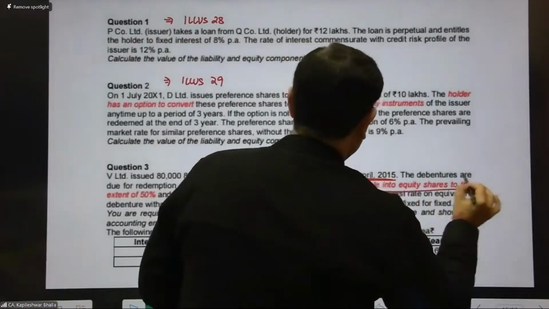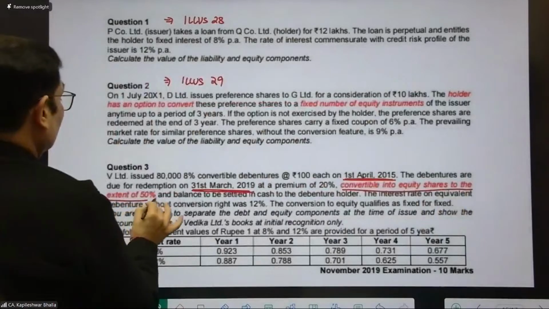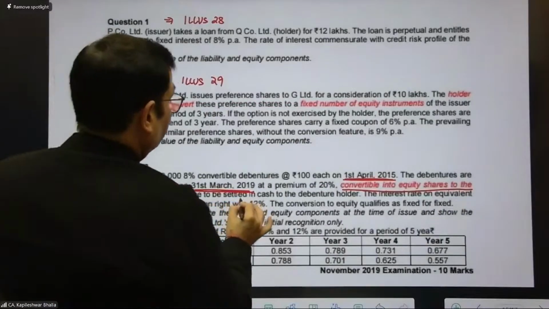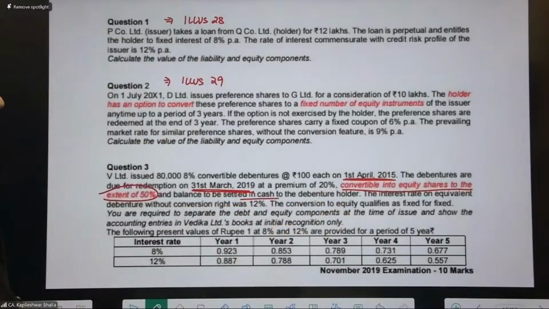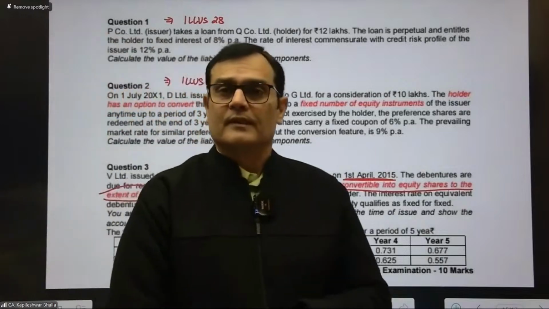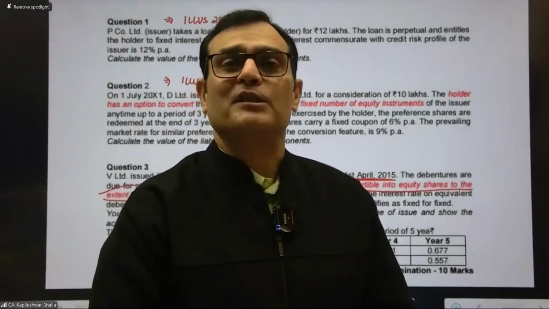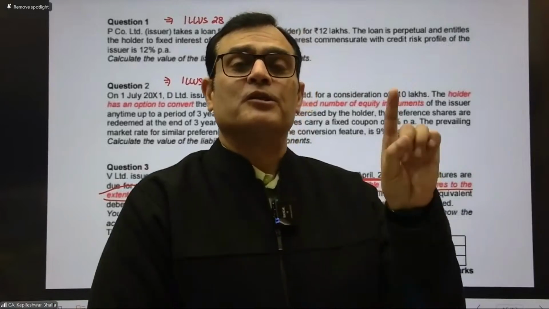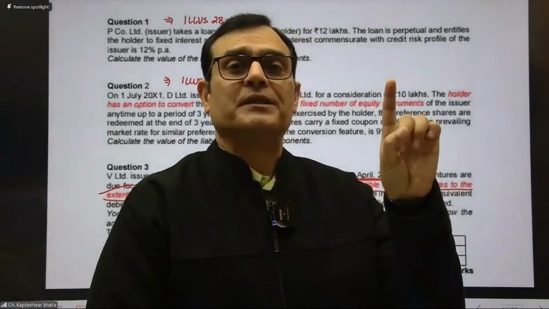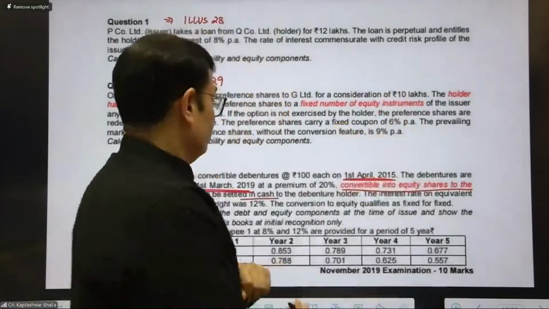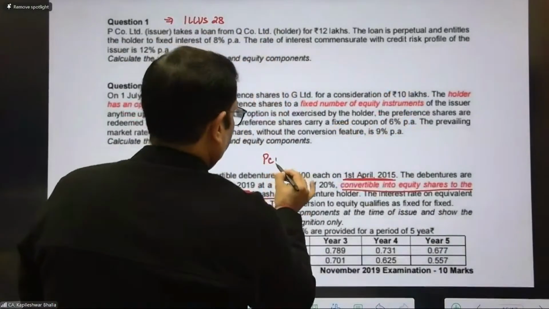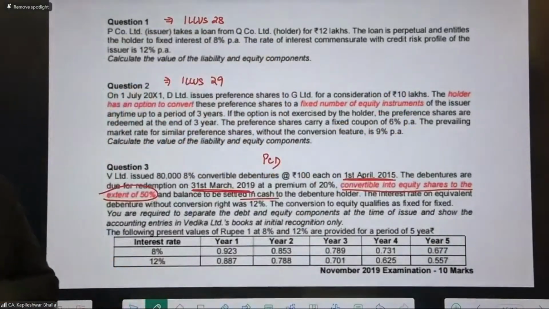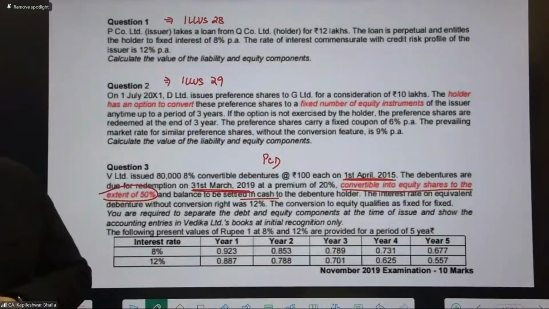Convertible into equity shares to the extent of 50% and the balance is settled in terms of cash. Can I call this a PCD, that is a partially convertible debenture, because 50% is in shares and 50% is balance settled in cash? So this becomes a case of PCD, that is a partially convertible debt.